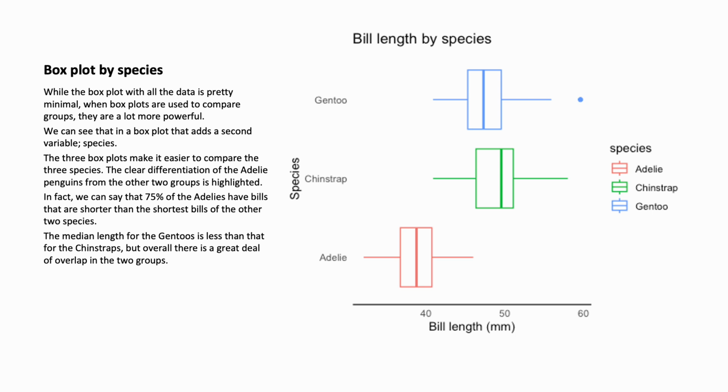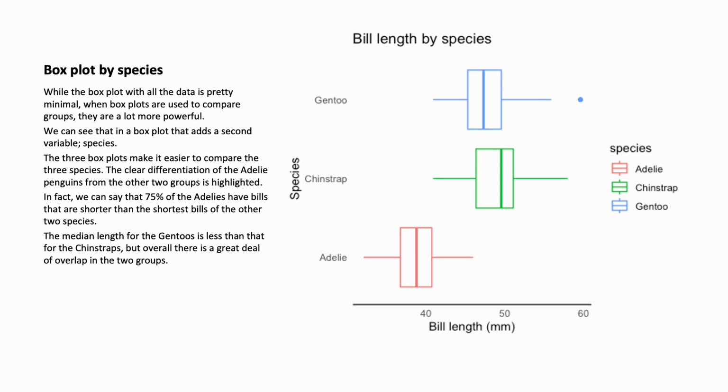So we could make, on the basis of this, all kinds of statements like that 75% or more of the Adelies fall below 75% of the chinstraps and Gentoos. Now, how do I know that?